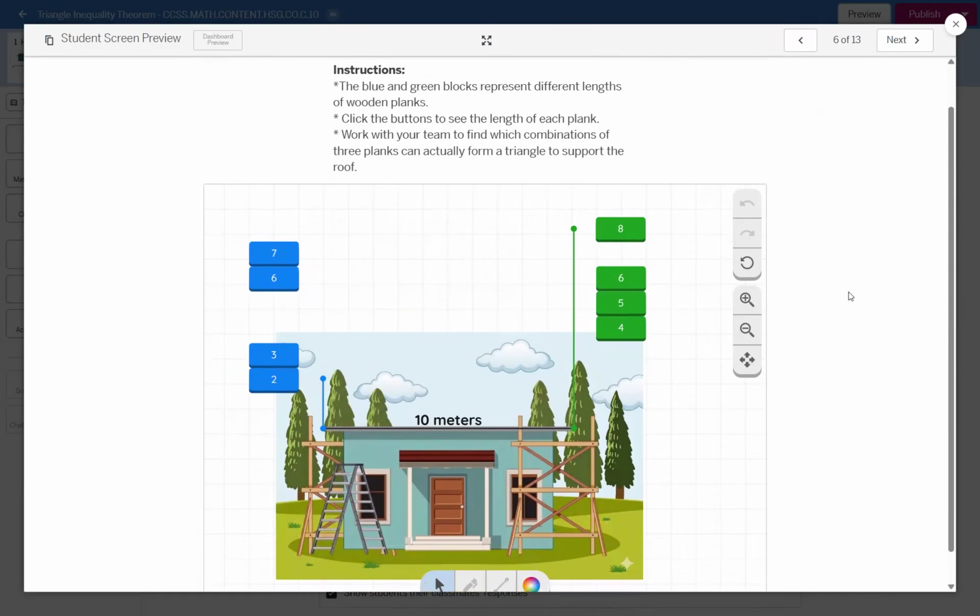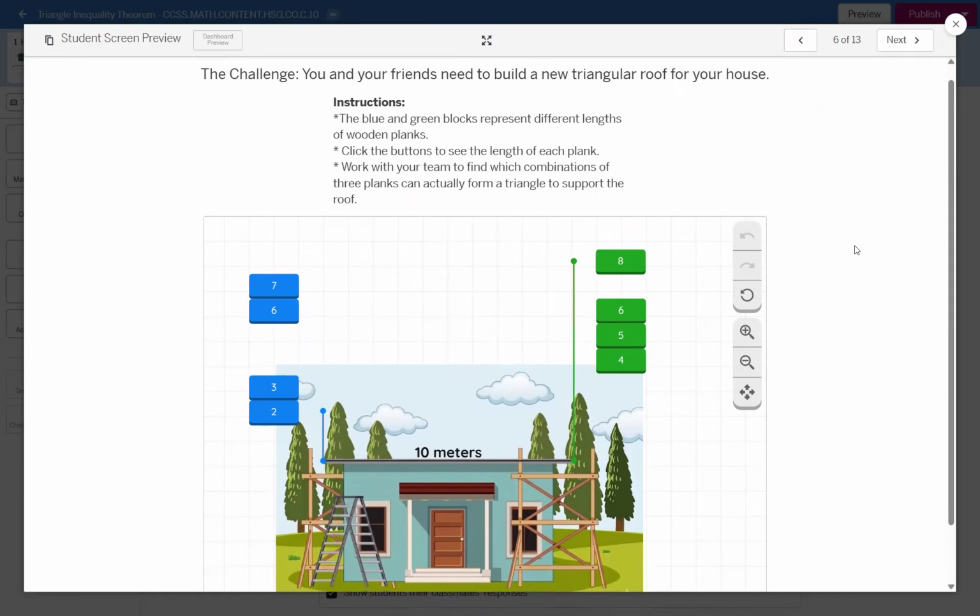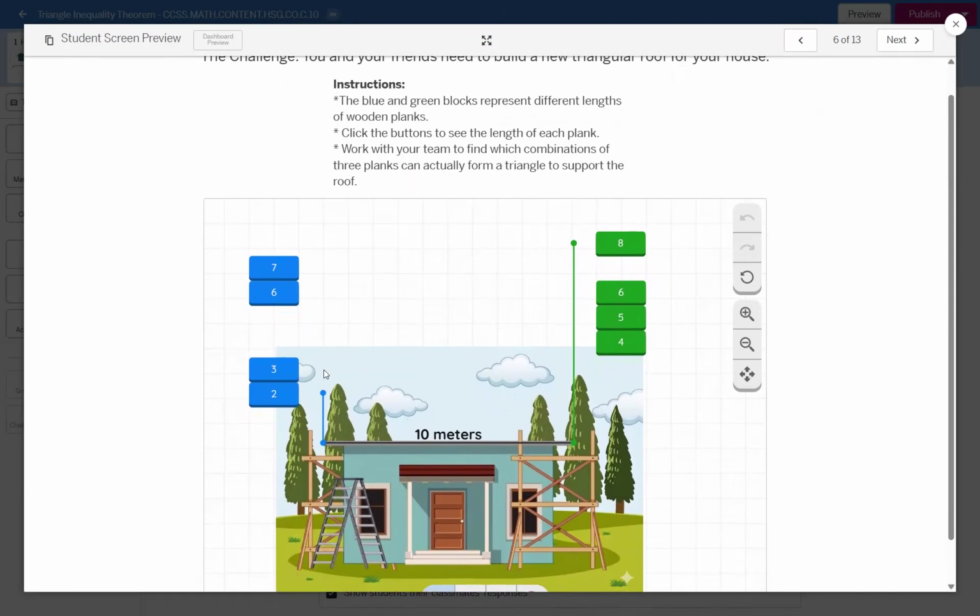Then we have the challenge. Here we have a house that doesn't have a roof, maybe because of the heavy rainstorm. Let's read the instruction for clarity. The blue and green blocks represent the different lengths of wooden planks. We have different blue numbers and green numbers, and they represent the different blocks, planks, or lengths.